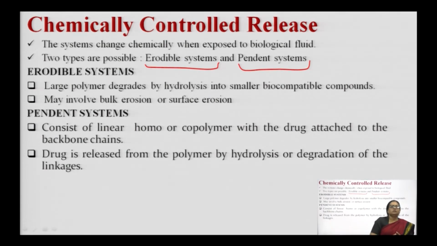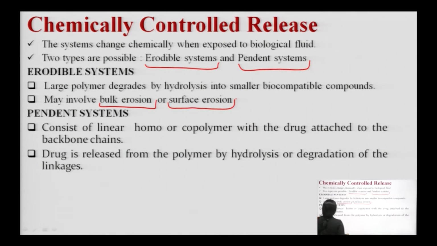Erodible means breaking down. Here, in an erodible system, the polymer is such that the large polymer can degrade by hydrolysis into smaller biocompatible compounds when it comes in contact with biological fluids, and this erosion can be bulk erosion or surface erosion.